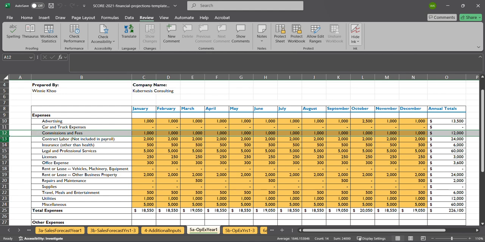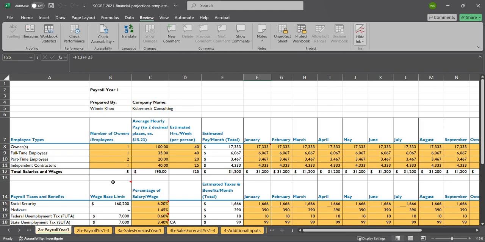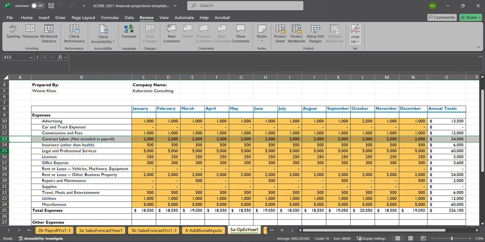Next, we have contract labor. That's not included in payroll, so not included in the people that was estimated here, both full-time, part-time, and contractors. And also, I would say anyone that doesn't fall within the legal and professional services.